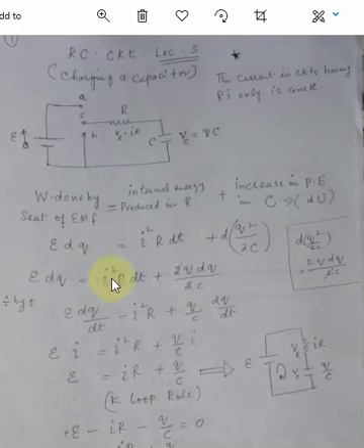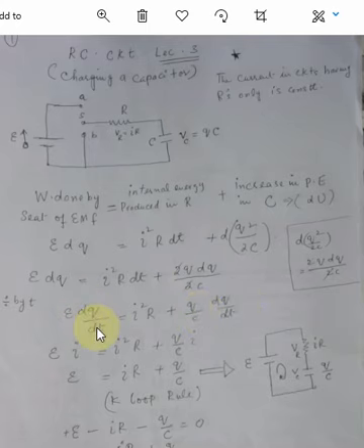If we divide this equation throughout by dt, then this will become E dQ by dt, and here dt will get cancelled with dt, and we will be left with Q over C multiplied by dQ divided by dt. So we have divided this equation by dt and obtained this equation.